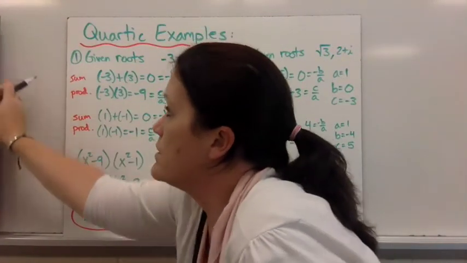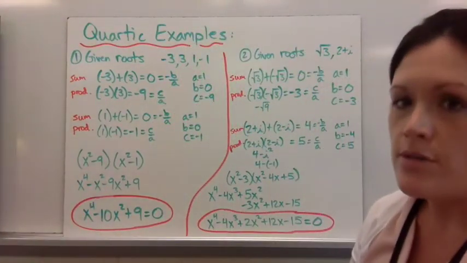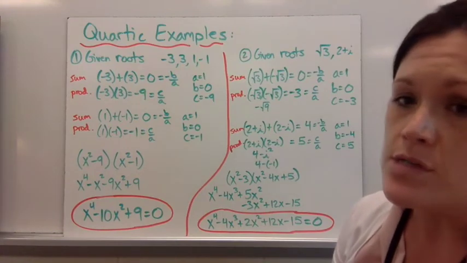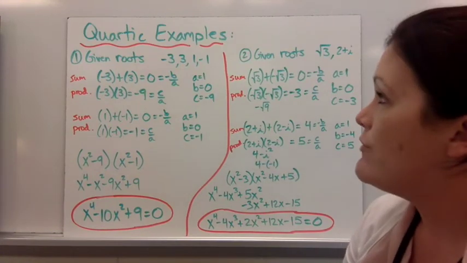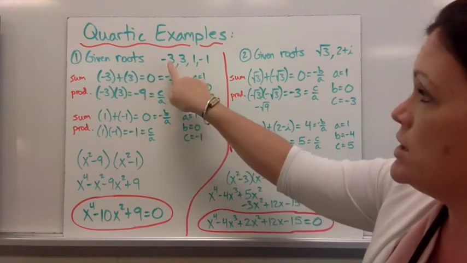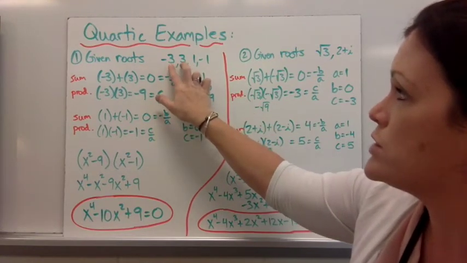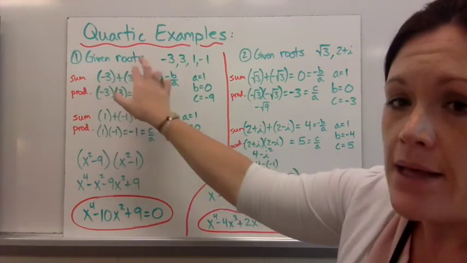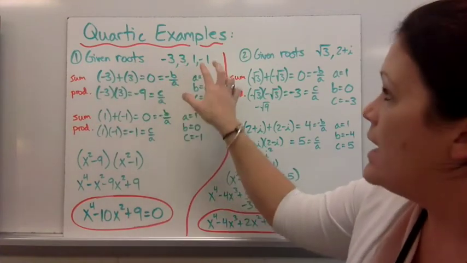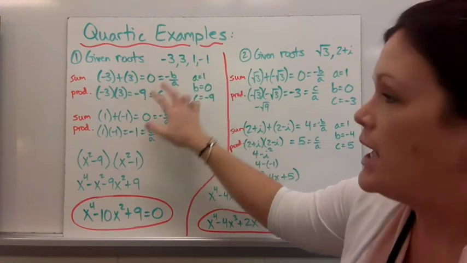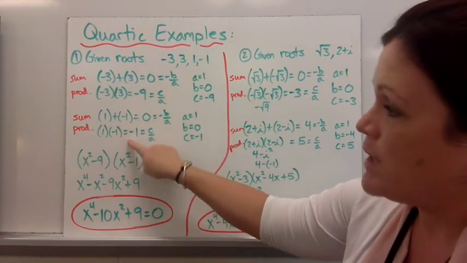So for quartic are the big ones. They have 4 roots, so there's lots of work to be done. So what you have to do with a quartic function is take your roots in pairs. So I took 2 real roots and I added them and I multiplied them, and then I took the other 2 and I added them and I multiplied them.